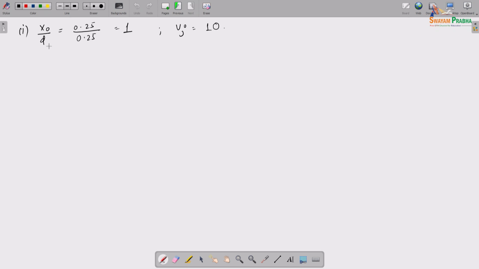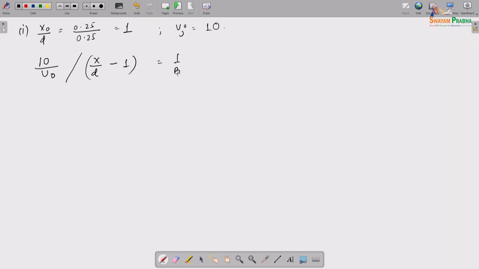Then what we do is Uj by u naught, x by d minus x naught by d is equal to 1 by b.